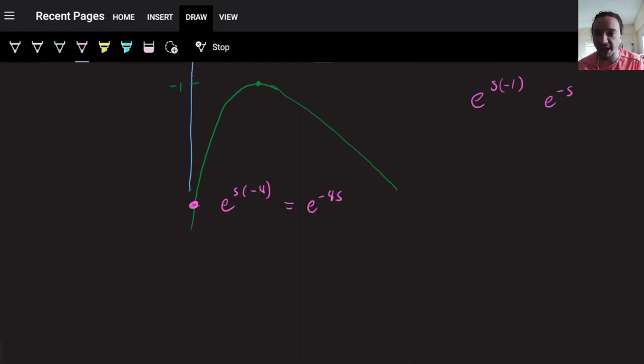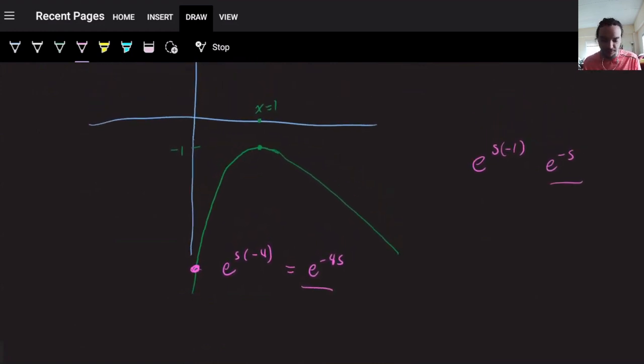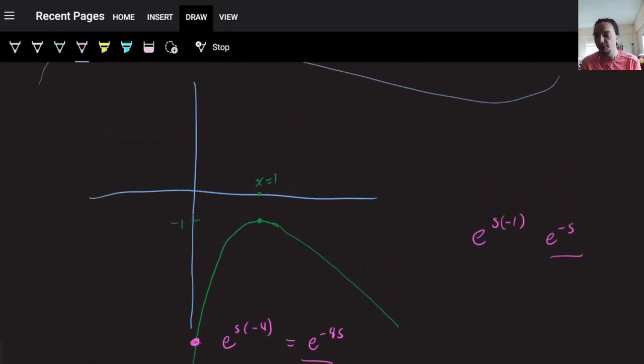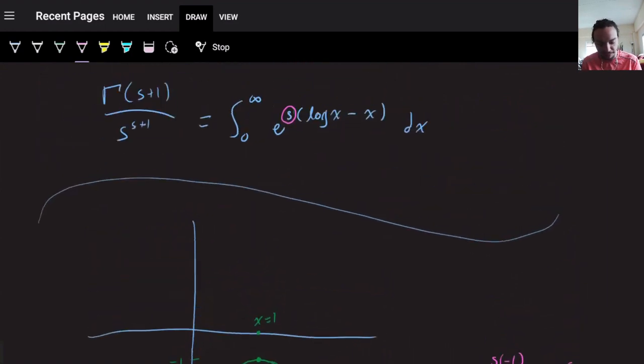And as s grows, that goes to 0 a lot quicker than this goes to 0. And even more so for other points. Okay. So pretty much anywhere you're not at that max, you're going to be decaying quicker than at the max, because e to the s times a negative number gets smaller and smaller more and more quickly the bigger that we make s. Okay.